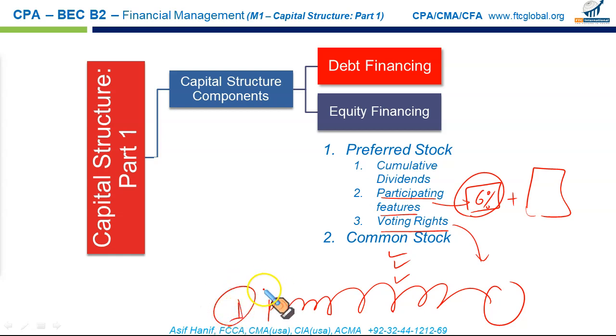In the end, if anything is left on liquidation, then it is paid to the common stockholders. So they are standing at the last. They have the lowest claim to the firm's assets, and that's why they carry the highest risk, and that is the reason they are given the highest reward. Common stockholders have the highest required rate of return of all the different providers of funds.